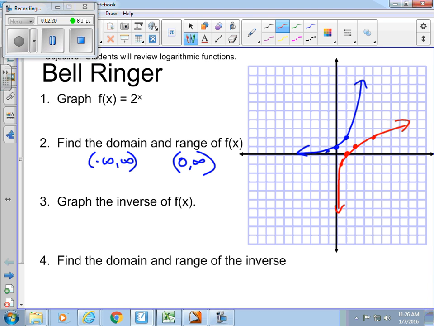What's the domain and range of the inverse? It better be the exact domain and range of the original except reversed, because x and y are switched, right? Which leads us to something you noticed in your algebra before calculus.